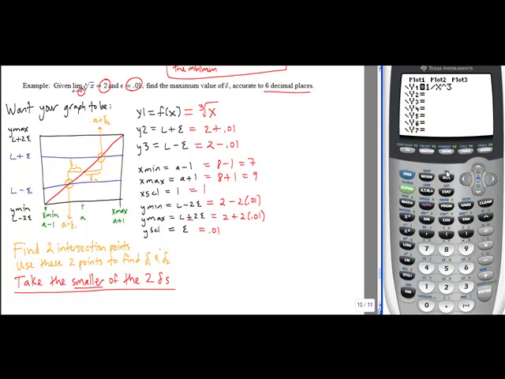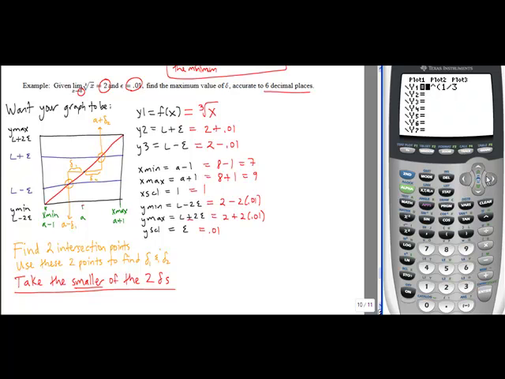In my y equals, clear out what we have in there right now, and we're going to type in cube root of x. You can do that several different ways. I'm just going to do x to the 1/3 power, because that's what a cube root is. There's also a built-in cube root button under your math key, so you could use that as well. So there's my y1.